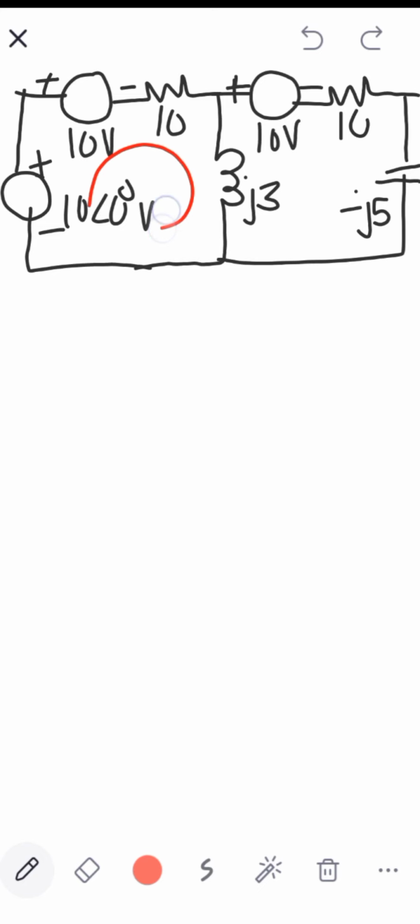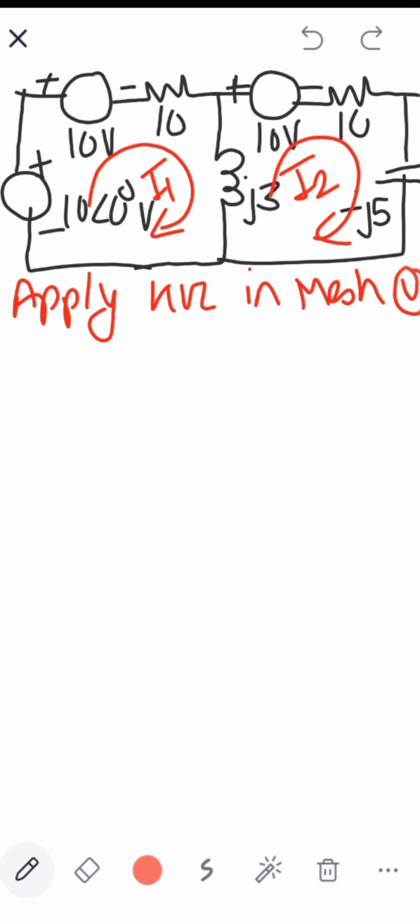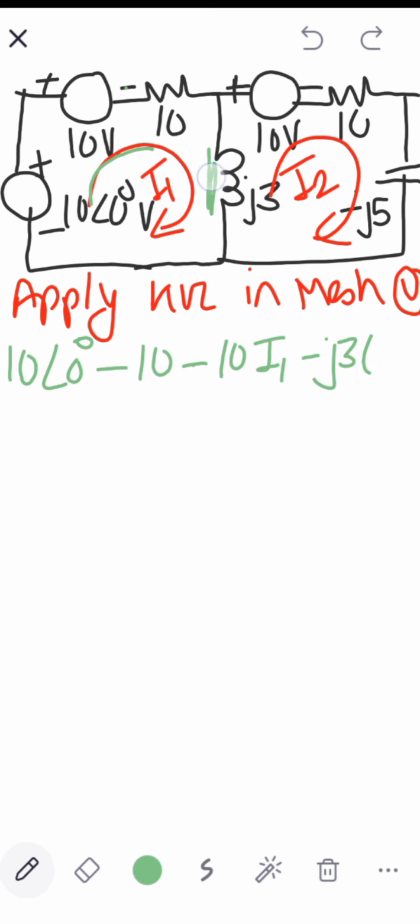So apply the mesh analysis in loop 1 and in loop 2. Apply KVL in mesh 1. Tell me the equation. 10 at an angle 0 degree, plus or minus, we are going from this side, so it will be minus 10 into I1 minus J3, it is a common branch, so it will be dominating current minus second current, equal to 0.